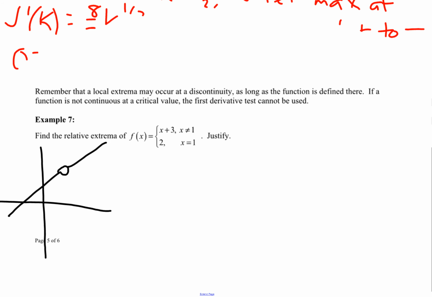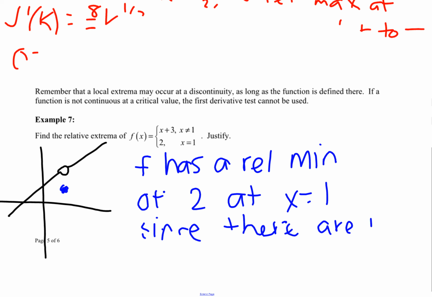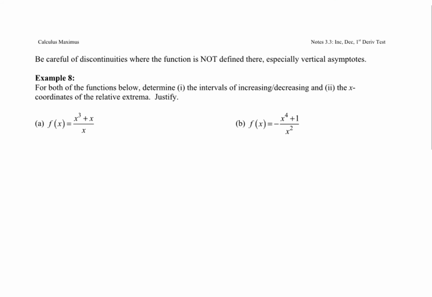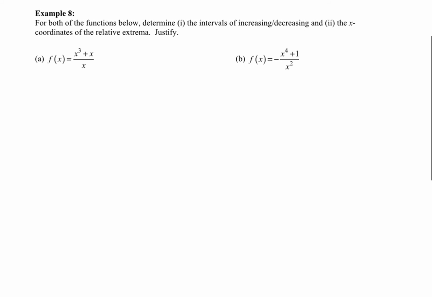And this time, to justify it, we could say since there are no lower values to the left or to the right of that. So we're not justifying it with the first derivative test, we're just looking at the graph. Okay, and we can do something similar with this first function if you know what it looks like.